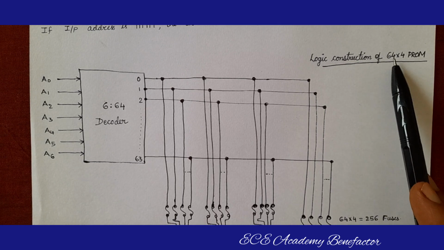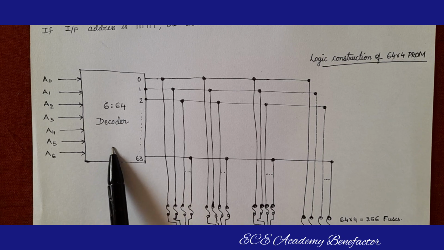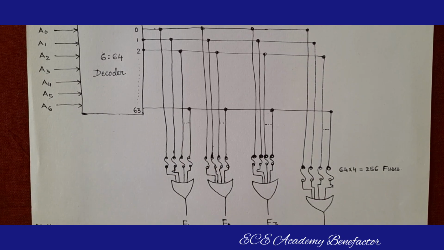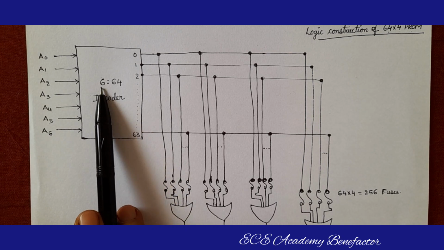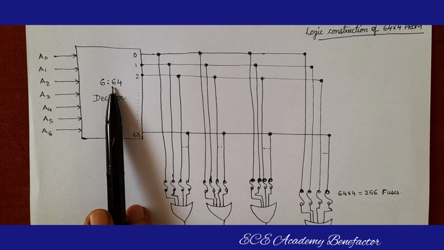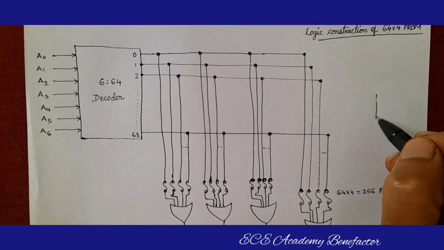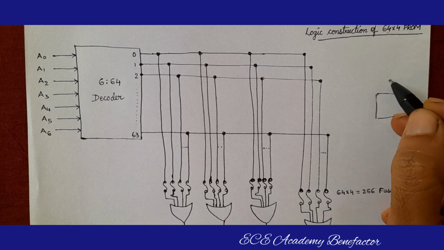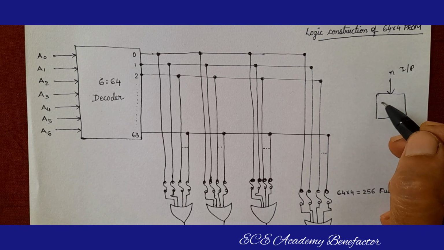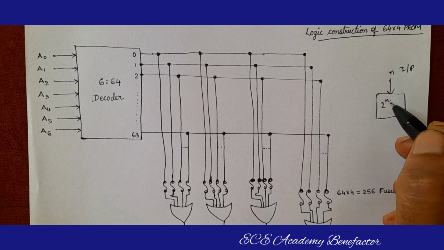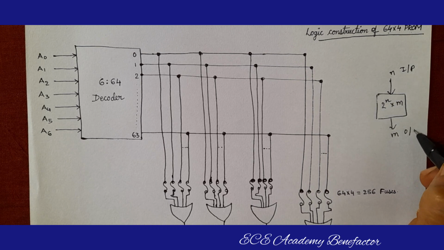For drawing 64 cross 4 PROM, we need a decoder and OR gates. So, we need a 6:64 decoder, because what is a PROM? PROM requires n input lines. So, 2 to the power n cross m, m means output lines.